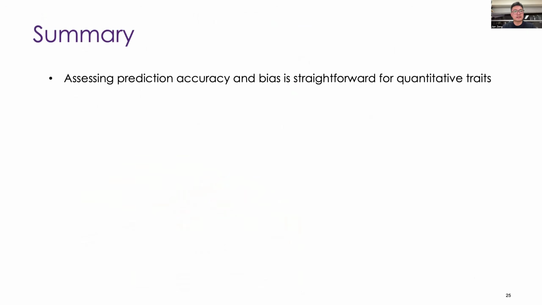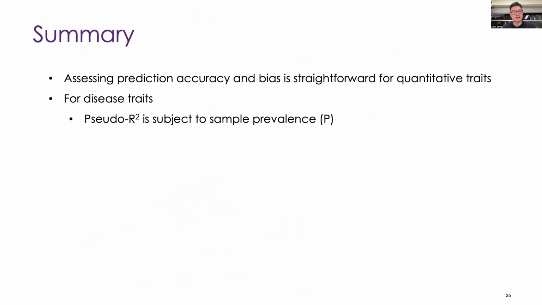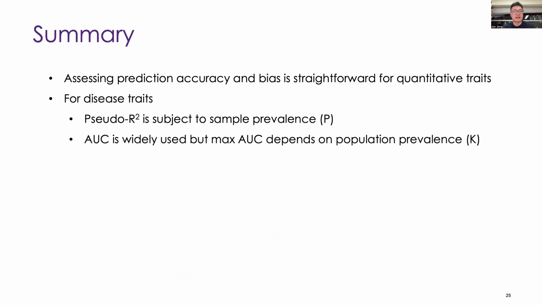Okay, so in summary, assessing prediction accuracy and bias is important and straightforward for quantitative traits. For disease traits, it gets a little bit more complicated. We have different statistics to evaluate that. Nagelkerke R square is a popular one, but it's subject to the sample prevalence. AUC is widely used, but the maximum value depends on population prevalence.